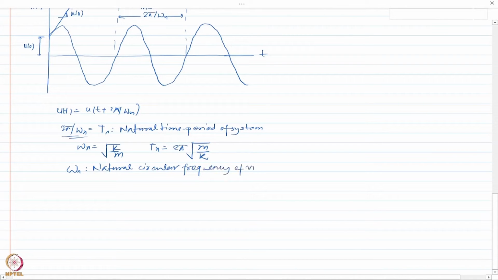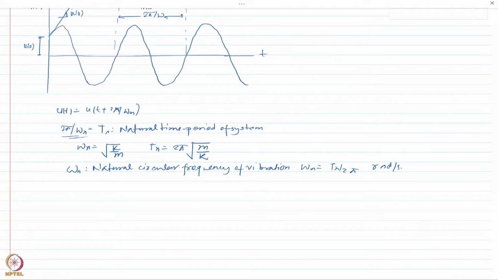As you can see from this relationship, omega n is related to Tn, and the unit of omega n is radian per second. Then there is another parameter called the natural cyclic frequency of vibration, which we represent using f.